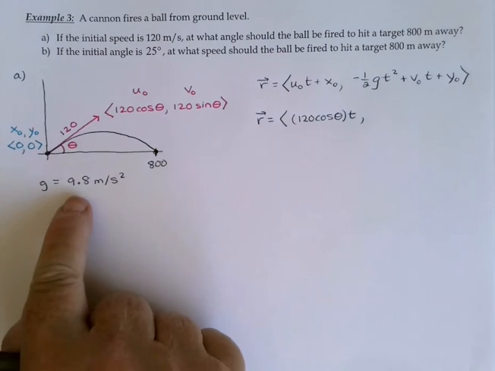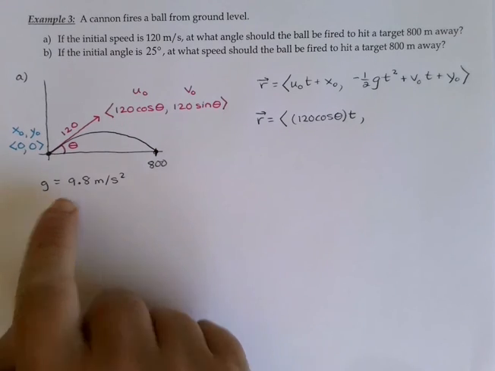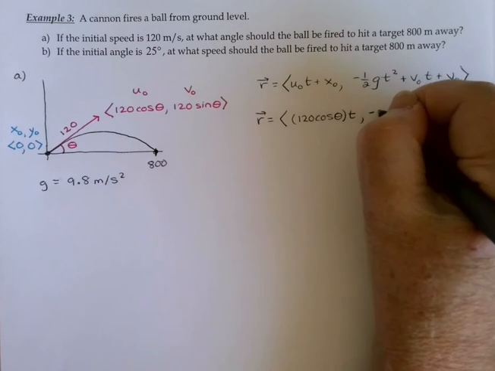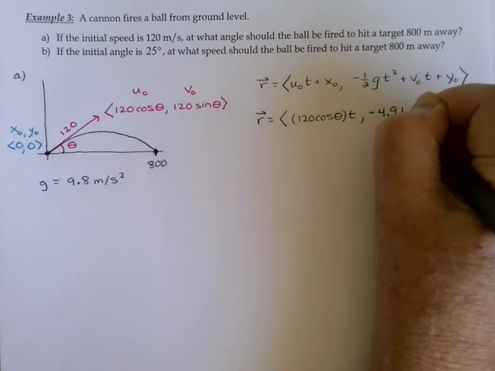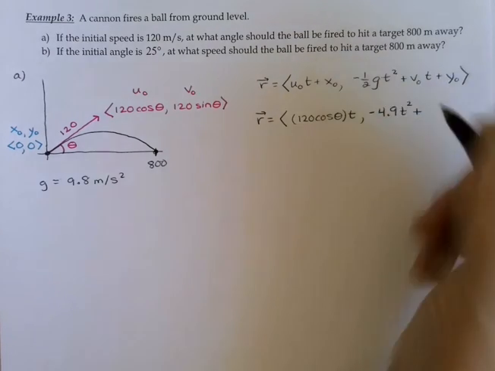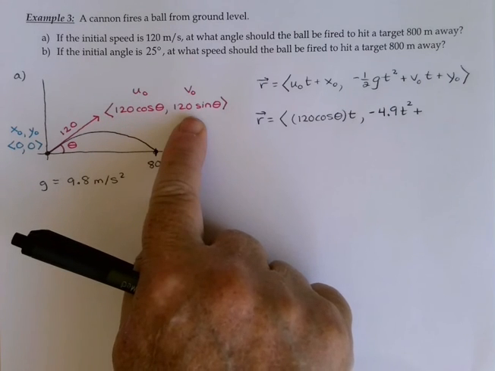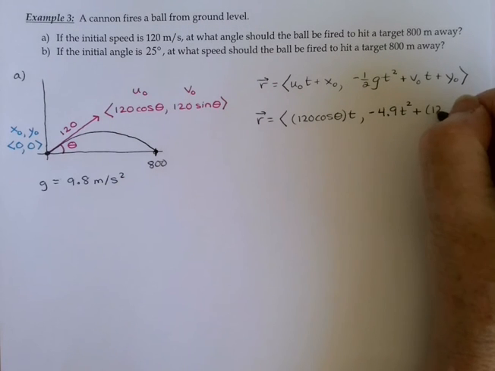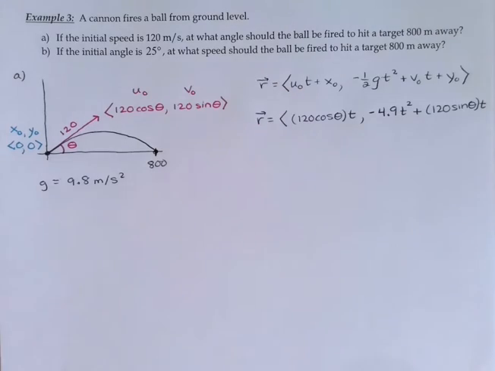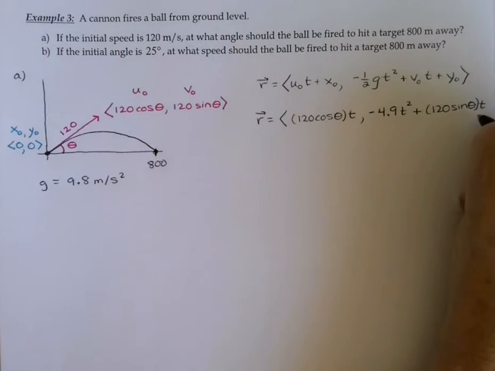Negative 1/2 g. Half of 9.8 would be 4.9, so negative 4.9 t squared. Plus v naught times t. That would be 120 sine theta times t. Plus the y naught, which is 0.